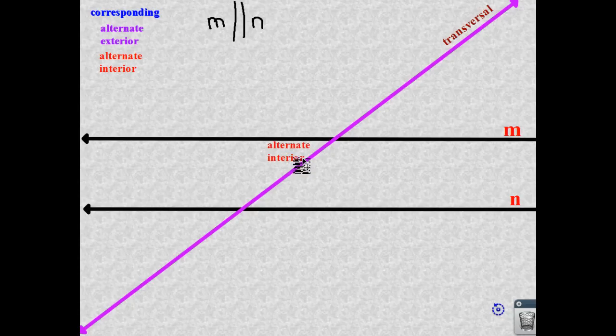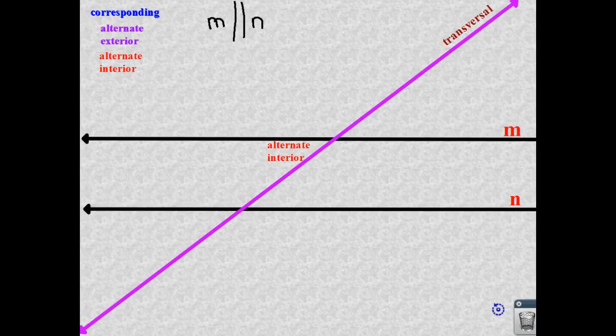If I'm looking at this first angle, it appears to be acute. Who would be the same measurement on the interior that matches up with the first angle that I have? So it looks to be acute, and alternating means opposite sides. So we go from one side to the other of the transversal.